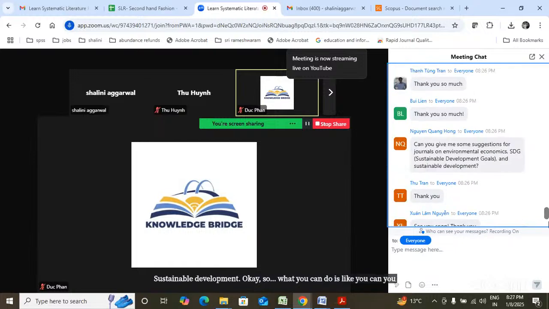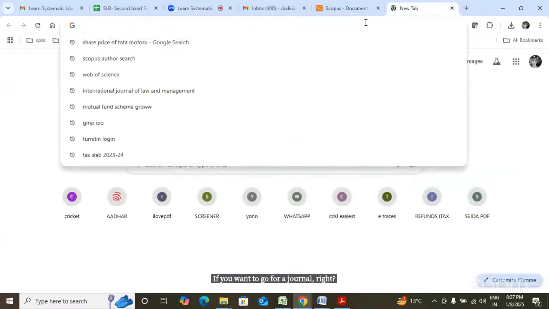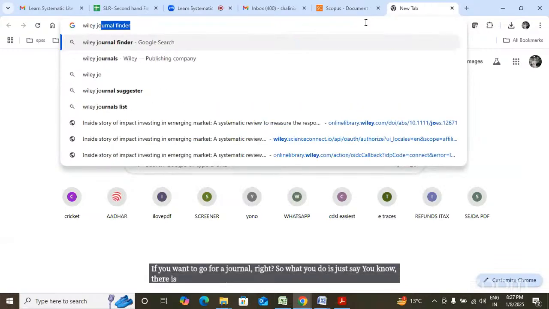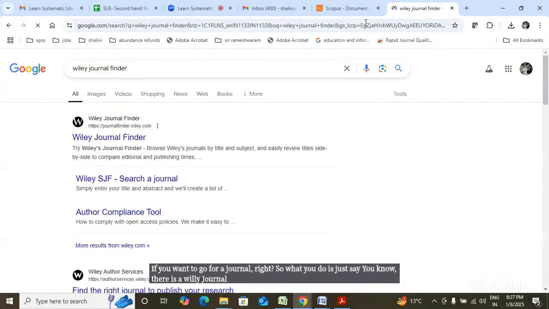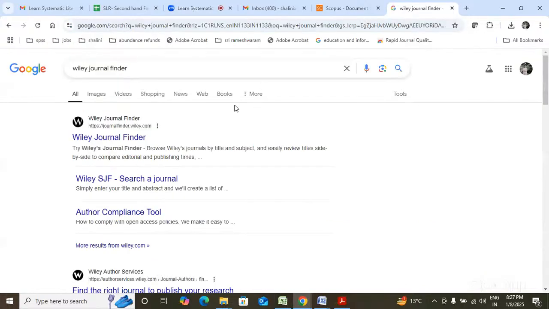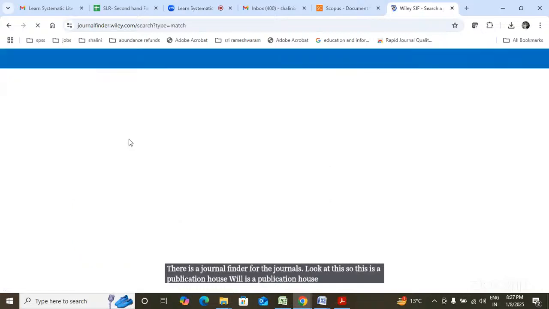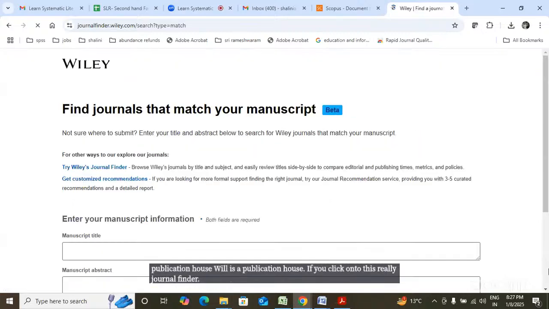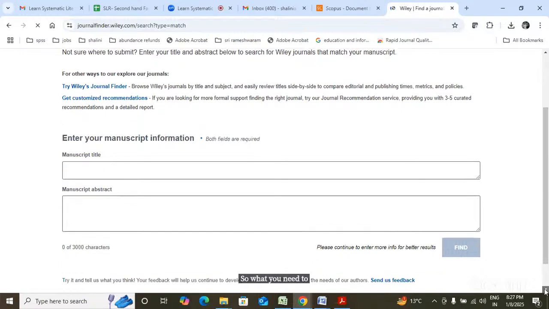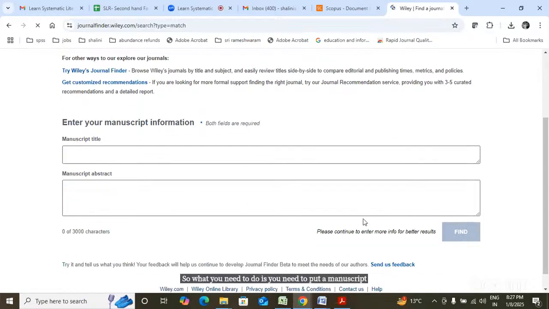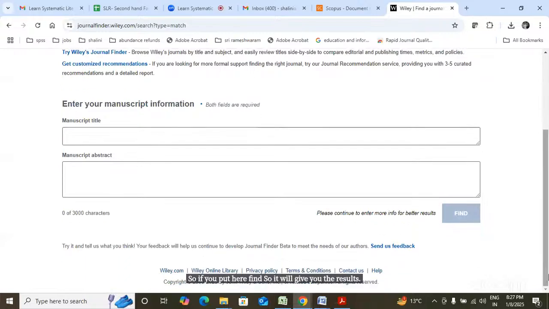Okay, so what you can do, if you want to go for a journal, is use the Wiley Journal Finder. There is a journal finder for the journals. Look at this. Wiley is a publication house. If you click on this Wiley Journal Finder, you need to put in a manuscript title and abstract. Then if you click find, it will give you the results.